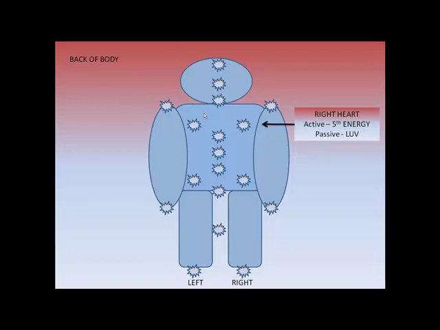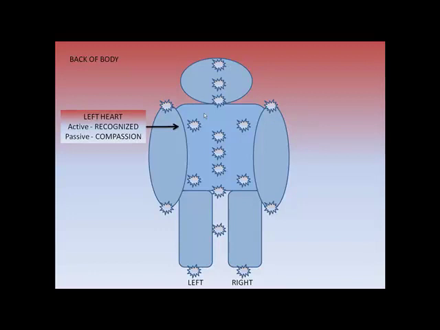Our right heart has actively the 5th dimension energy and passively unconditional love. The left heart is recognizing not only other individuals in the work that they do, but recognizing the qualities that you have and passively being compassionate.